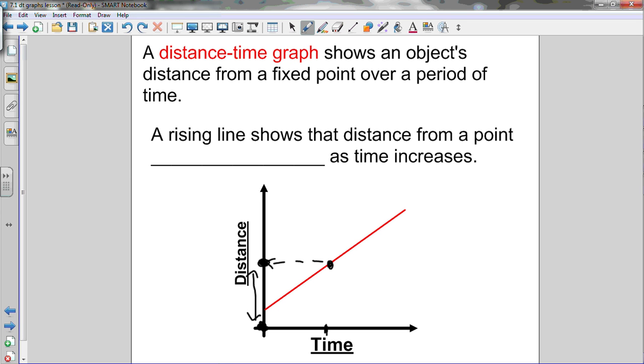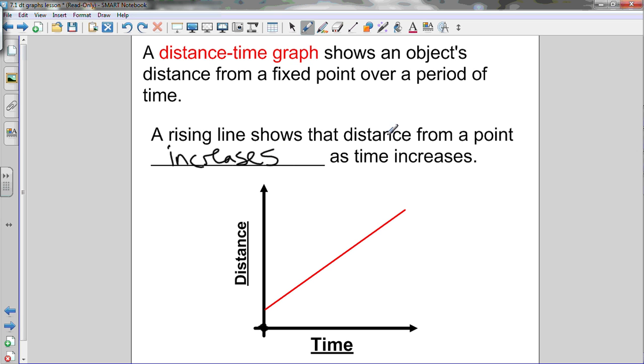Okay, so let's look at what the graph can look like of an object's distance from a fixed point over a period of time, and what the shape of that graph means. If we have a rising line, the line goes up to the right, that shows that the distance from a point is increasing as time increases.